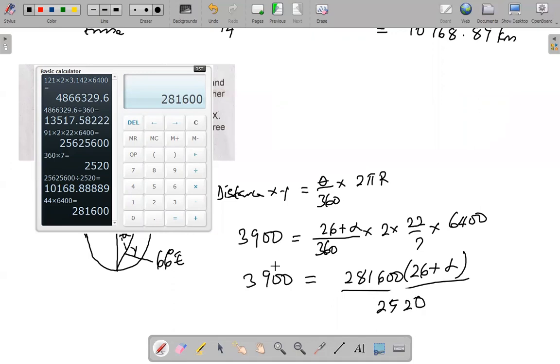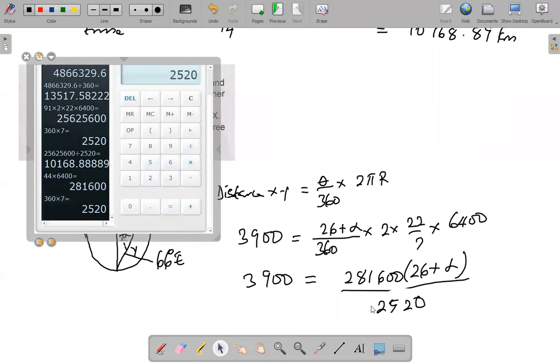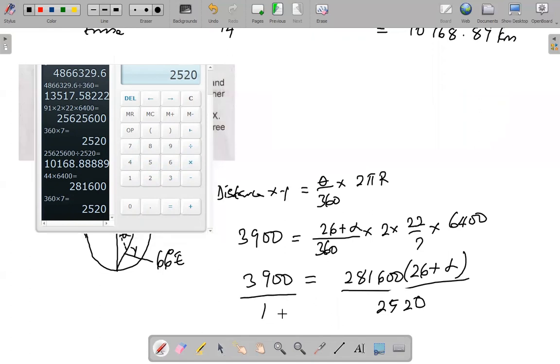Let's confirm that: 360 times 7 is 2,520. So, cross multiplying, this is over 1.